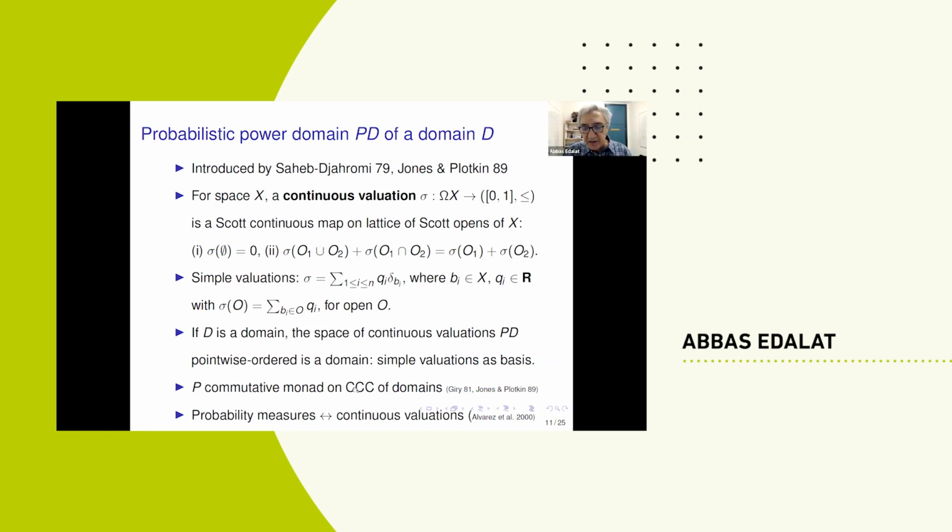And they also showed, following a categorical construction by Giry in the early 80s, that this functor P, which starting with a continuous domain D produces a probabilistic power domain P of D, is a commutative monad on domains.